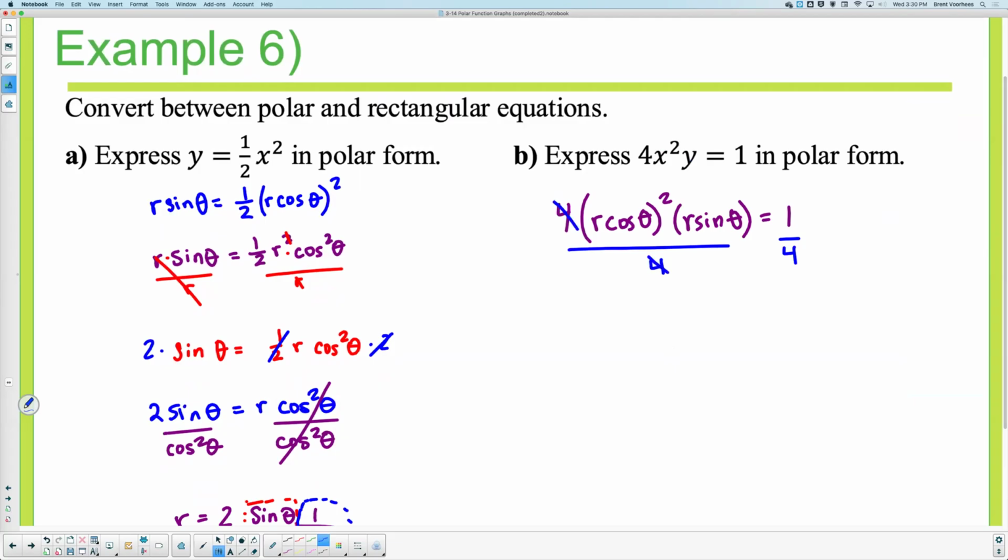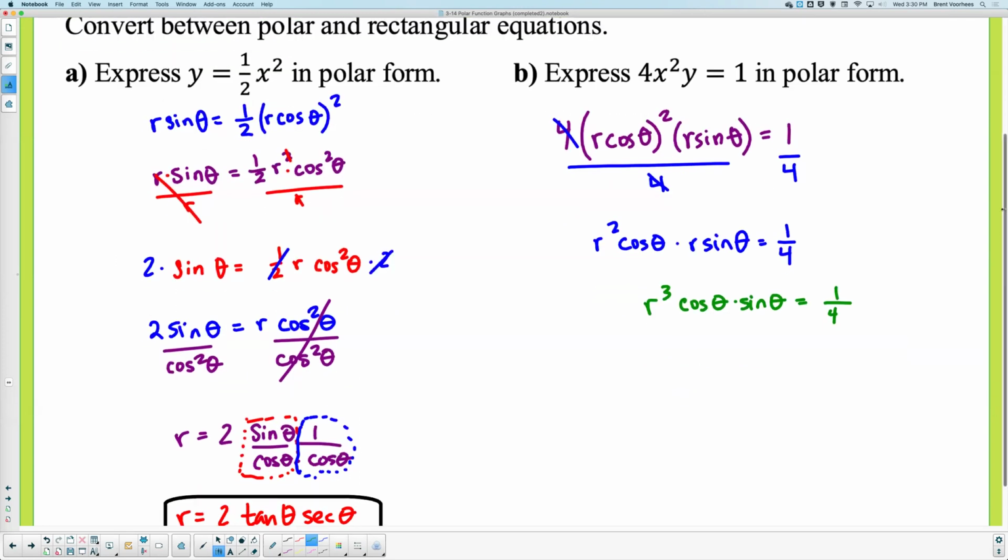So when I do that, I'm left with r squared cosine theta times r sine theta equals 1/4. If I combine my like terms, I now have r cubed cosine theta times sine theta equals 1/4.